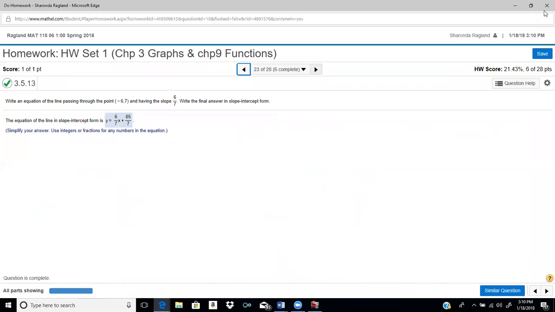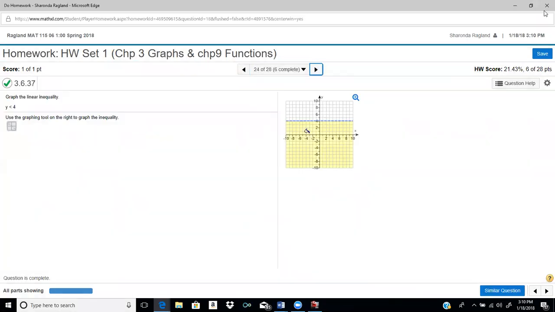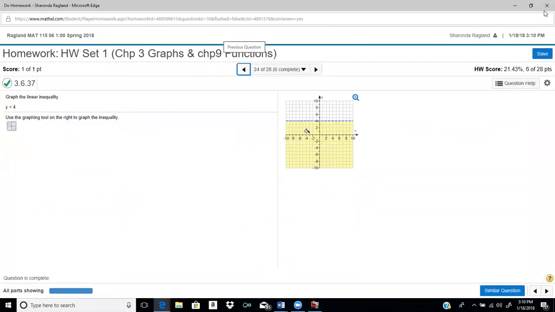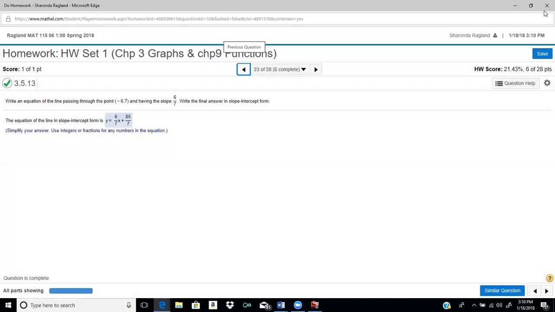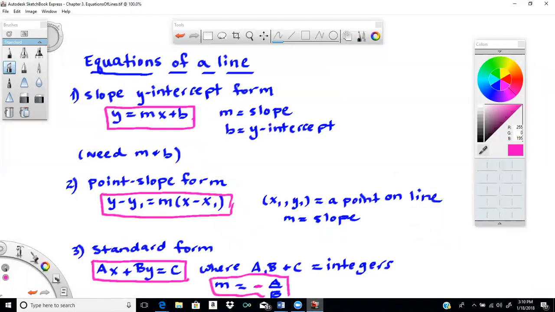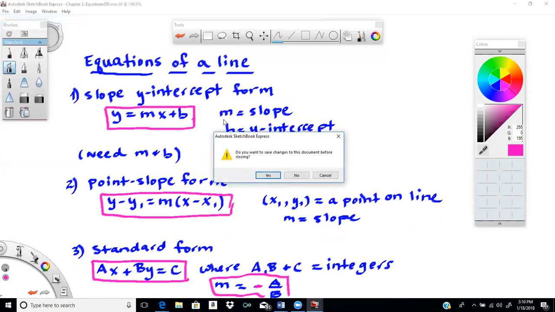All right, good. So that, let's see, 25, we did that. All right, so that pretty much takes care of finding the equation of a line. Now, there are a few more things that I wanted to just bring to your attention.